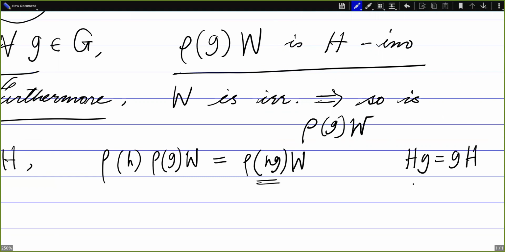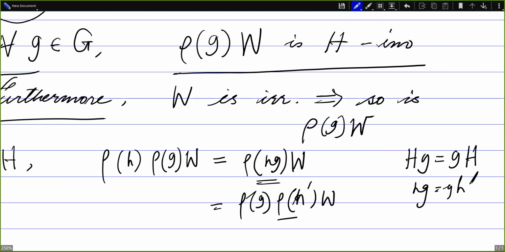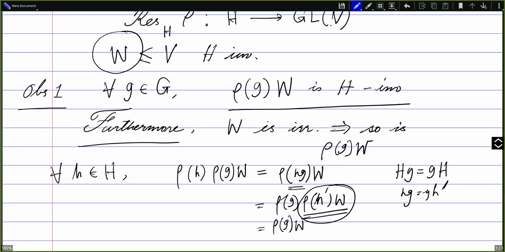So hg has to be g times some h prime. Therefore this will be rho(g) rho(h')W, and rho(h')W is nothing but W because W is H invariant. So what we get is rho(g)W, which shows that this is invariant.